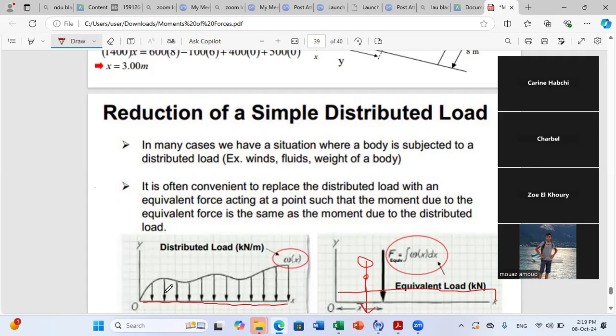Consider the following beam, and you have on it a distributed load that is constant. It's in rectangular form, okay? So for example, I have 10 kilonewton per meter, let's say, okay? And I know that the length of my beam is 2 meters.